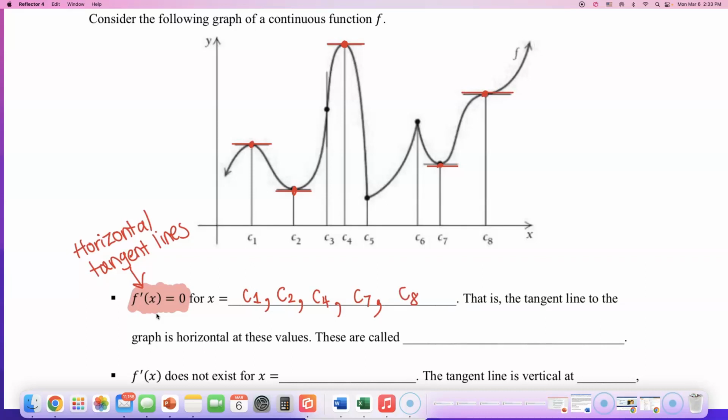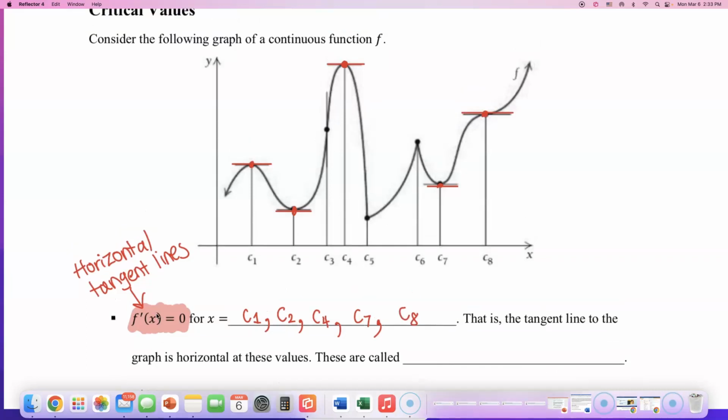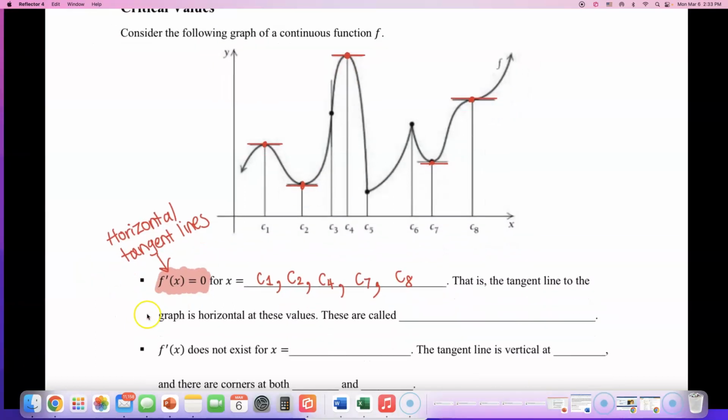So the points that we just marked, these are actually relative extrema. Relative minimum, you see the bottom of the U shape, or relative maximum, the top of this upside down U shape. So these are where the slope of a tangent line comes out to be 0.